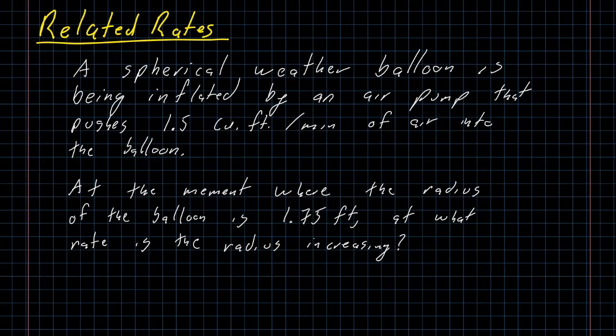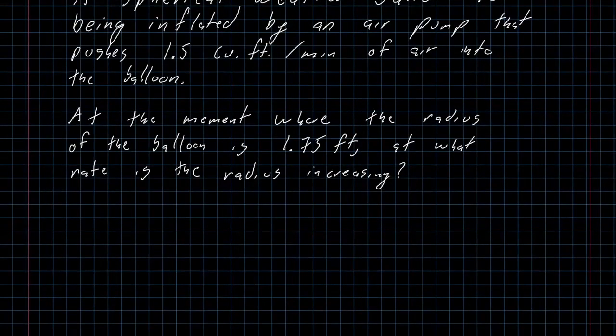And so we know that we are talking about a sphere. We're talking about the volume of the sphere. So let's start off with that formula. V equals 4/3 times pi times r cubed.